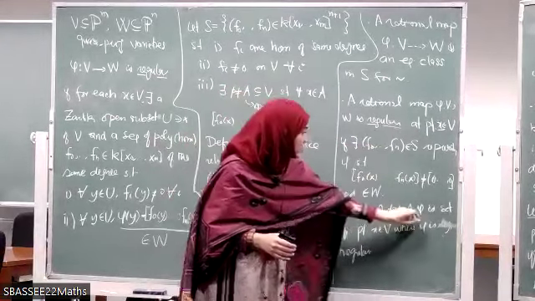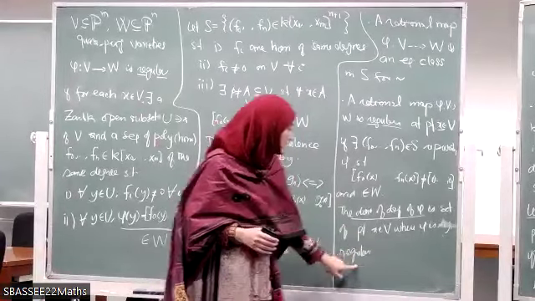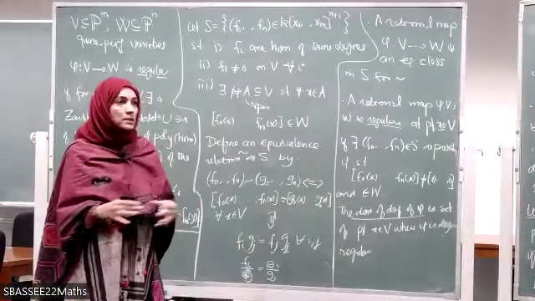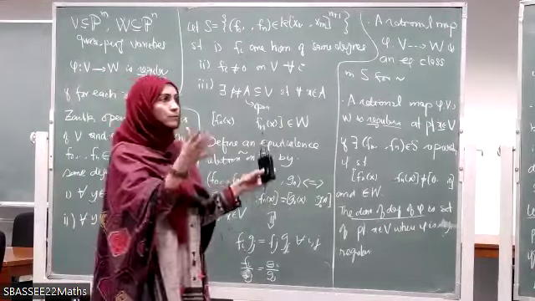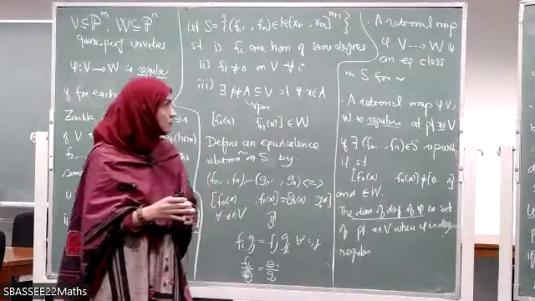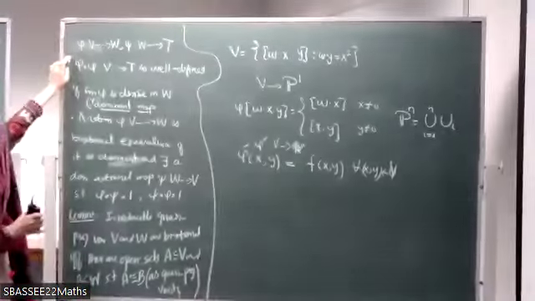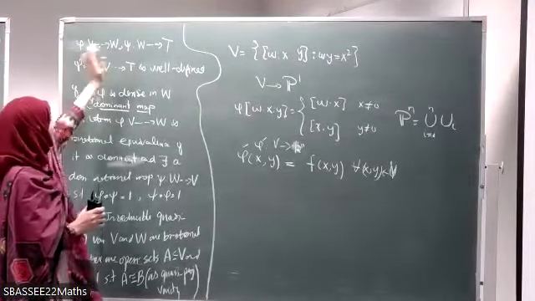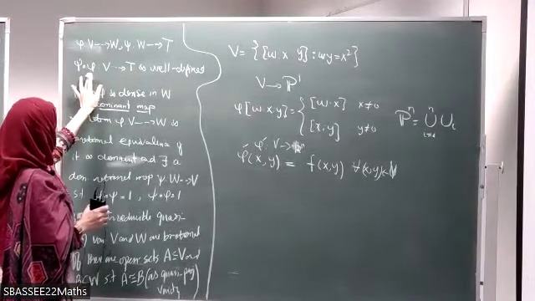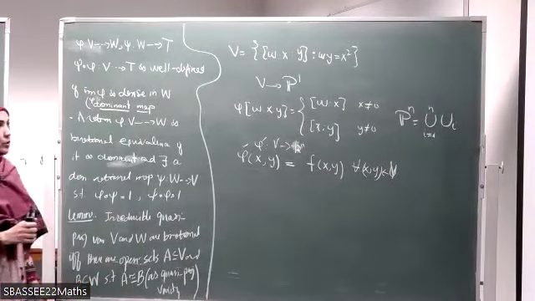And the domain of definition of phi is the set of all points where phi is regular. It's the same as what you have done in the affine case. If you have two rational maps phi and psi, the question is, can you compose them or not?